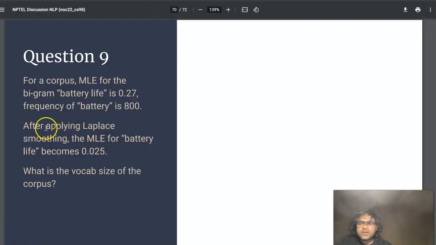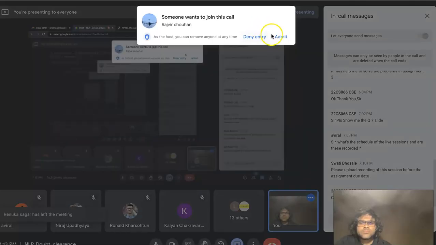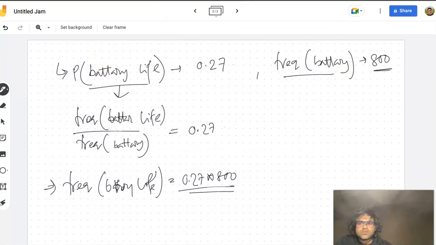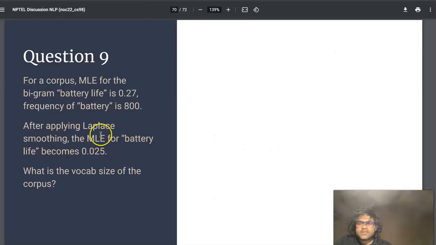Now they are applying some kind of smoothing, Laplace smoothing, and after this smoothing the MLE of "battery life" becomes 0.025.